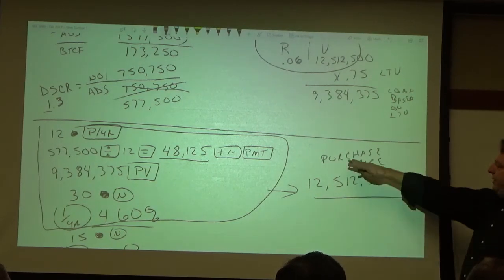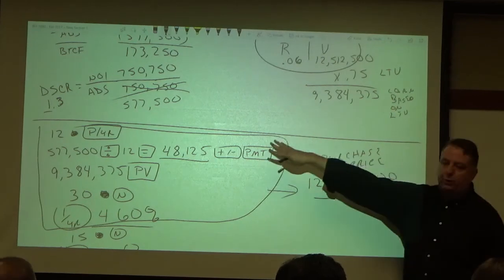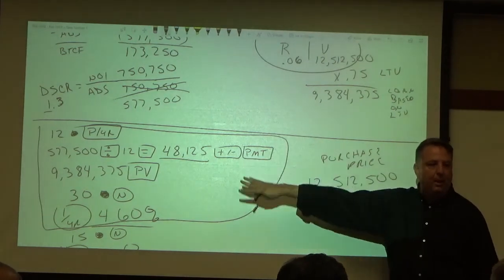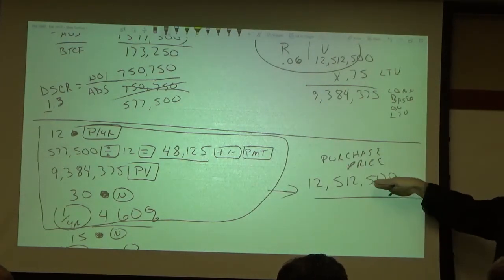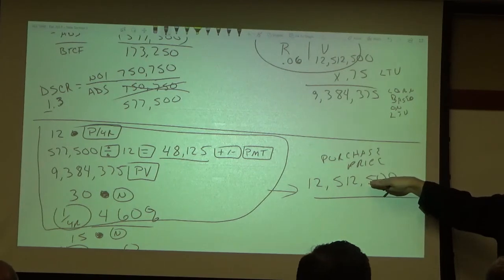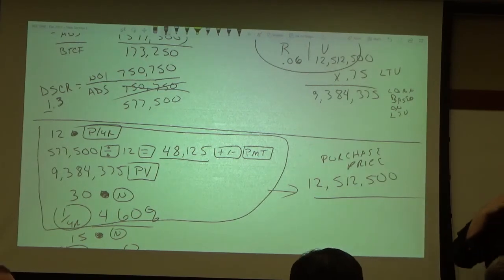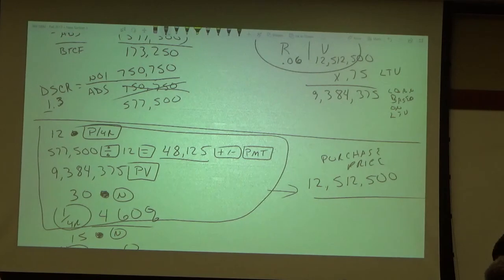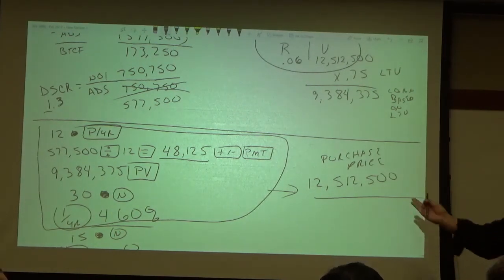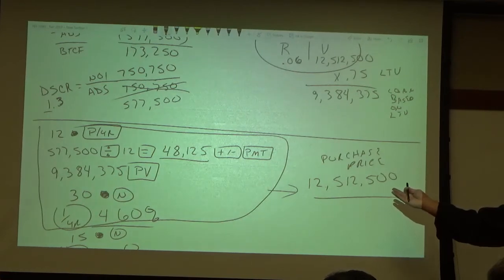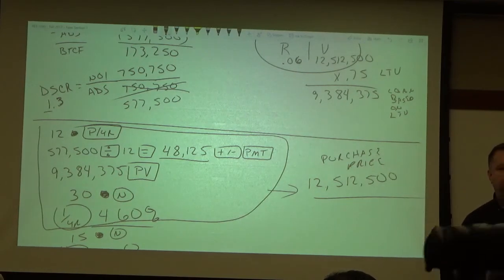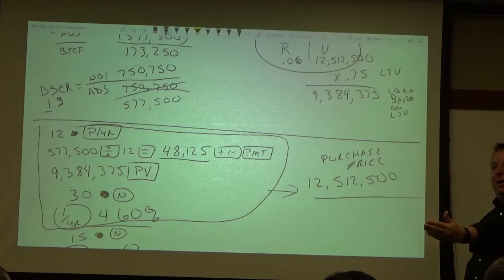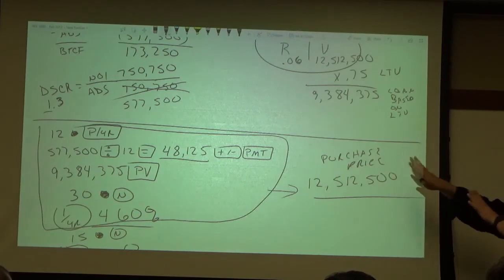Okay, in other words, if this is the maximum purchase price with the constraints that we have, then this is pretty much saying this is the most that we can pay for the property under those circumstances. So if the best price that we can actually get on it is $15 million, it's not going to work under those constraints, unless you put down a higher down payment, but I'm saying with those constraints.